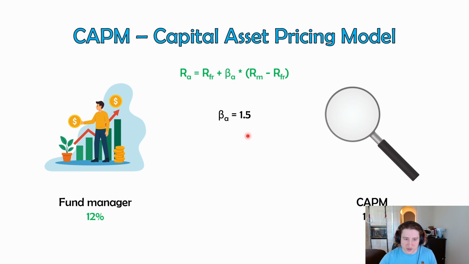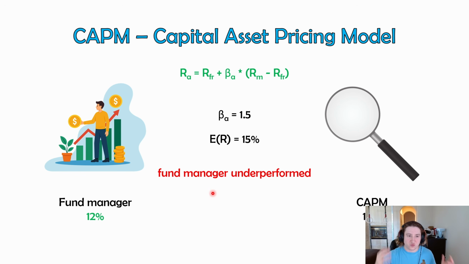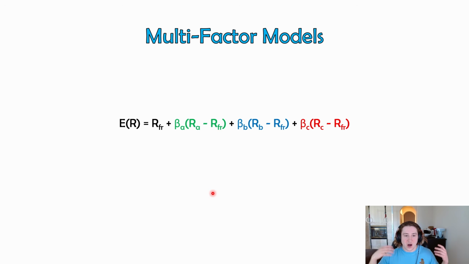If the market did 10% in a year and you had 1.5 times the exposure to the market, your expected return should have been 1.5 times the return of the market. You should have got 15% for the amount of risk you took, but because you only got 12%, you actually underperformed on a risk-adjusted basis. That's just a super simple example of how a factor regression can actually give you insightful information. It's called explanatory power. And then, of course, today we have these multi-factor models.